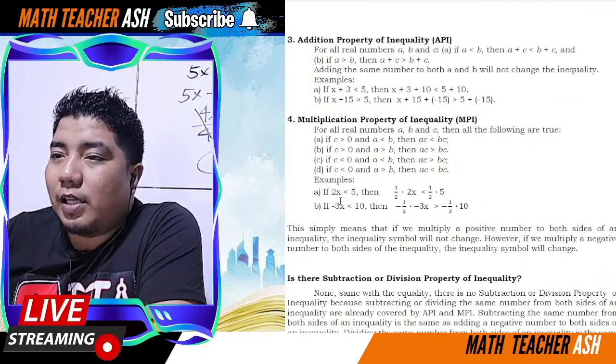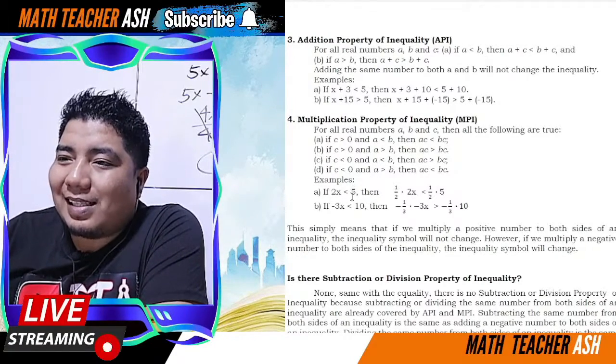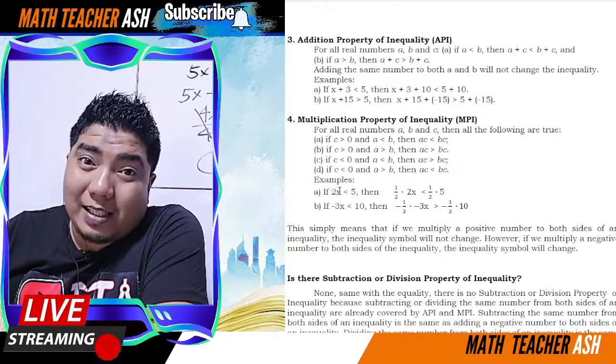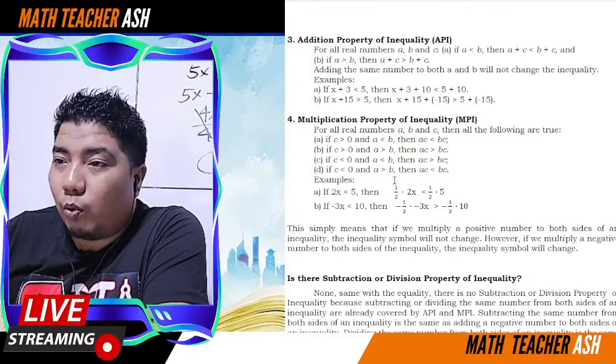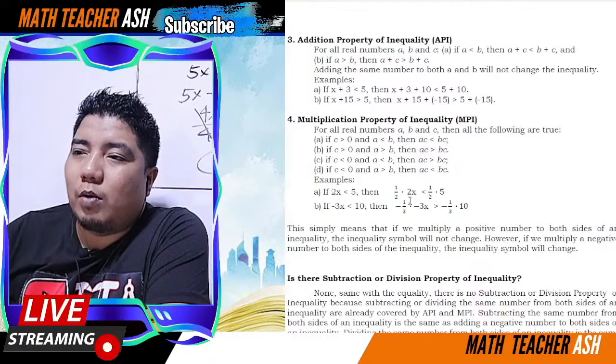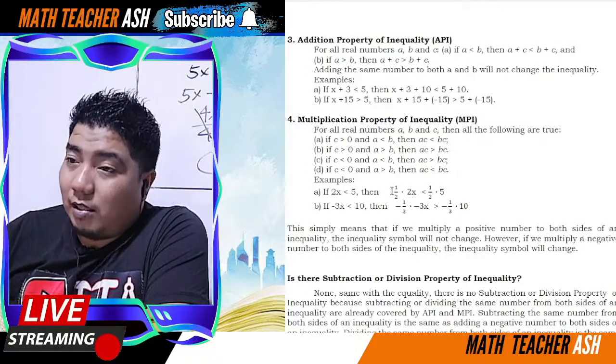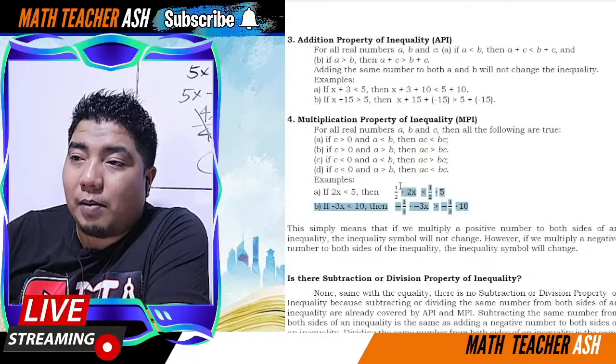Okay? So as you can see here, 2x is less than 5. So para ma-solve si 2x dito, nag-multiply siya ng 1/2, which is the reciprocal of 2. So 1/2 times 2x is less than 1/2 times 5. So it's just the same. Okay? It's just the same.